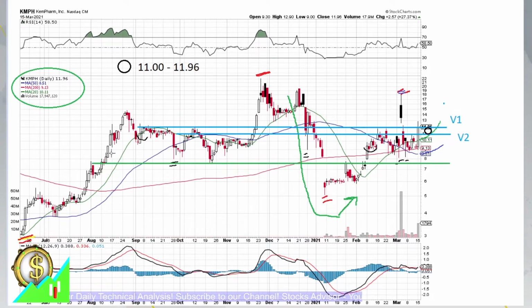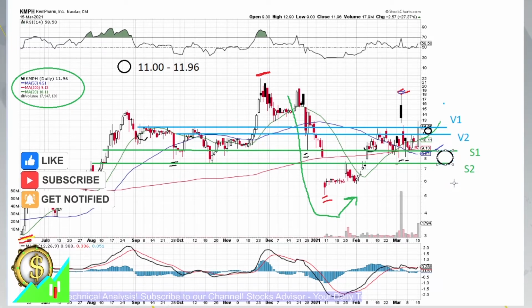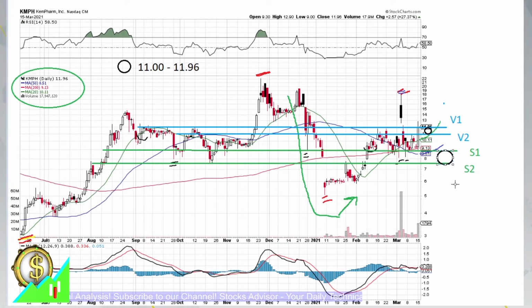So it could really be very volatile. Therefore, the next channel to enter will be this one. Let's call it S1, S2. And actually, this would be the channel between, we can say, 740 and all the way between moving averages 20 and 50 at the moment, which will also be a very strong support level, till let's say almost 890.